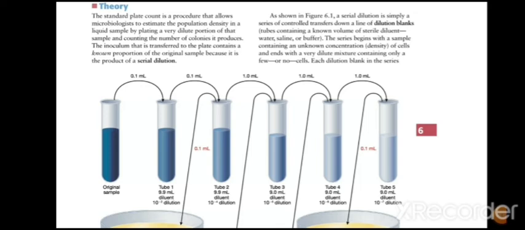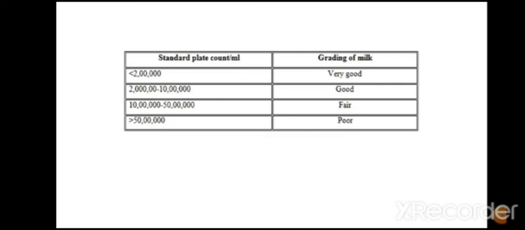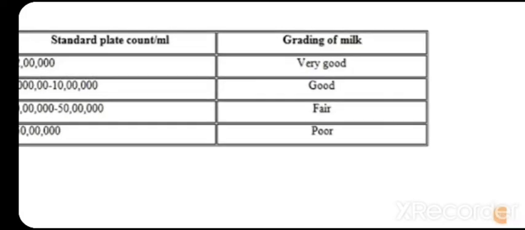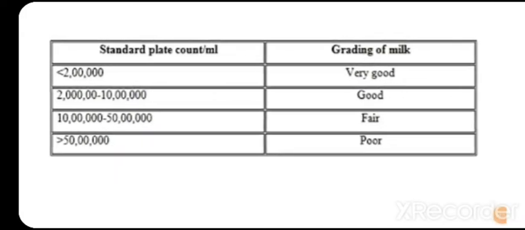Therefore we can say that the given milk sample contains 10 raised to 7 bacterial cells per ml. Now after determining this, how to conclude? For conclusion, we need to see this chart that shows the grading of milk sample on the basis of standard plate count, on the basis of microbial load.